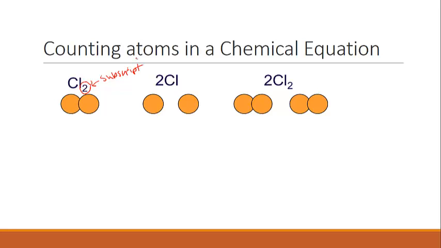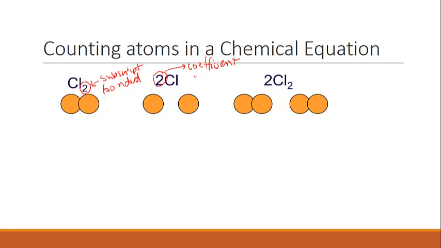So Cl2 with the subscript 2, that means that those atoms are bonded together in a single chemical formula. When we see a 2 at the beginning with a big number, this is called a coefficient.